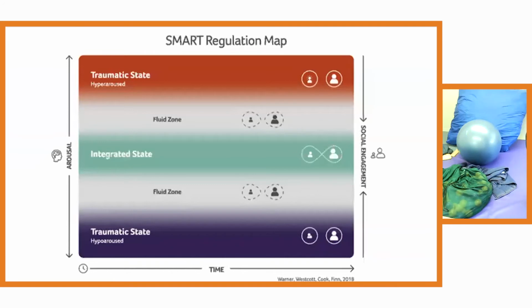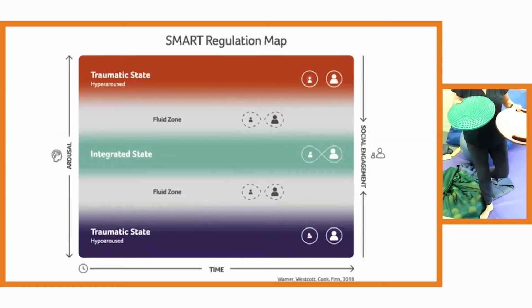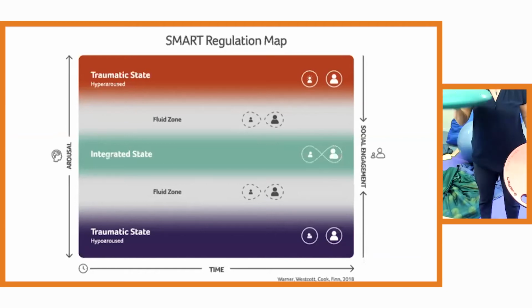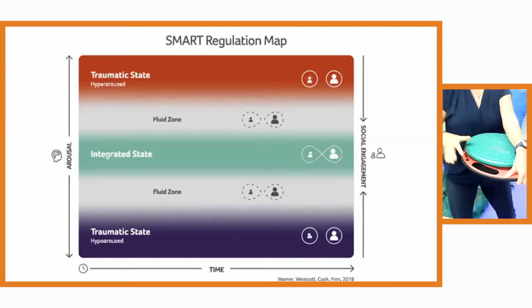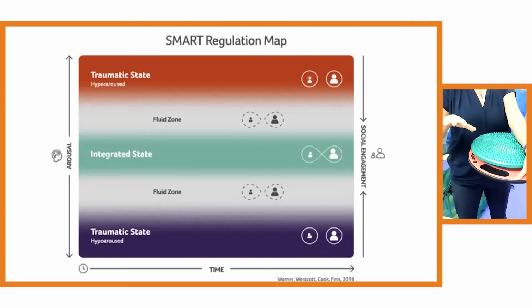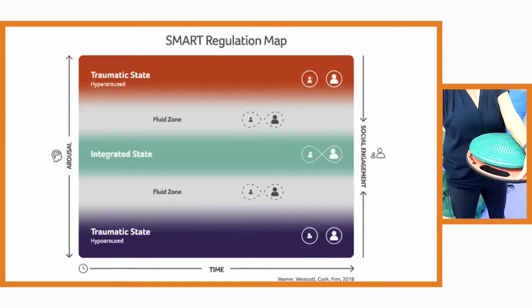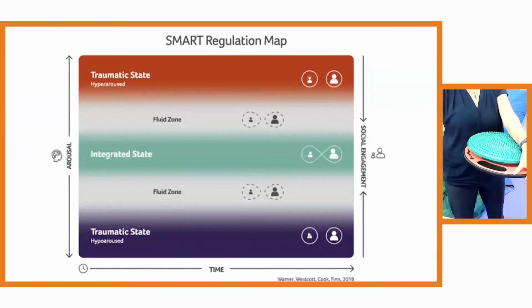So I would like you to find something in your environment that has some different tactile stuff to it. And if you think about this regulation map up on your screen, as we try different equipment, I'm wanting you to begin to think about, do I feel that kind of in my integrated state, I'm organized, I can think, I can feel, I can do?